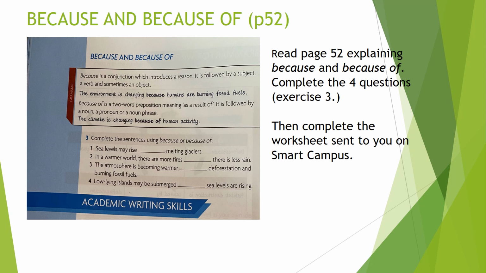And then you should complete the worksheet that I sent you on Smart Campus. On that worksheet there is more information about how to use because and because of. Basically it's all about the words that come after you use those words. So it's the next phrase, the next clause, that will determine if you use because or because of.